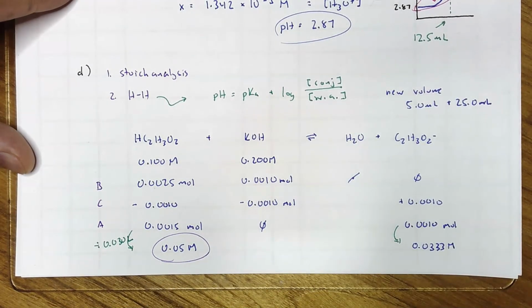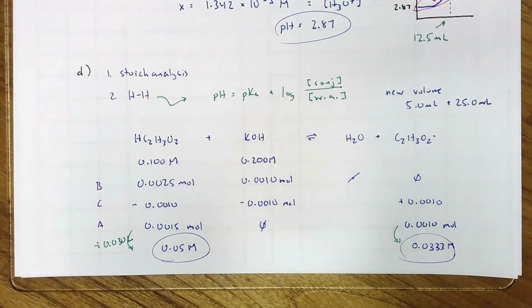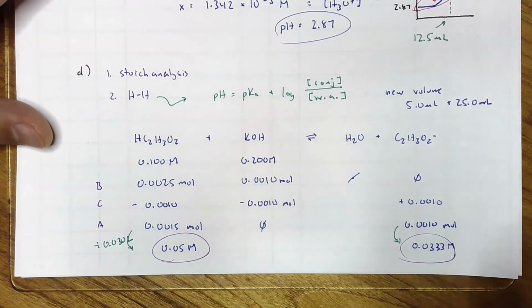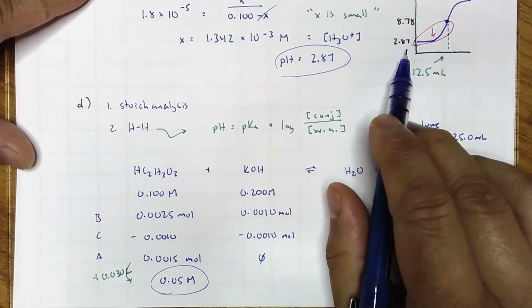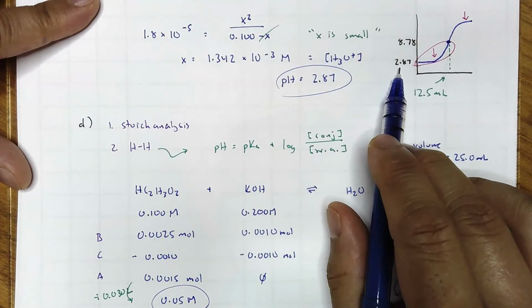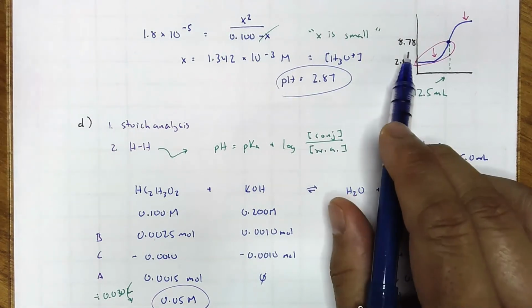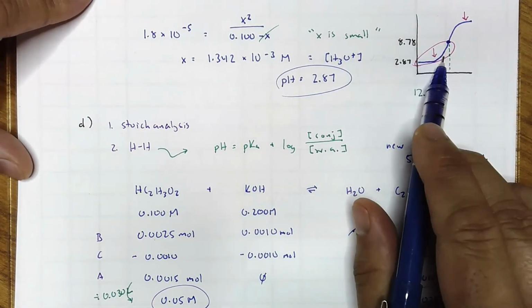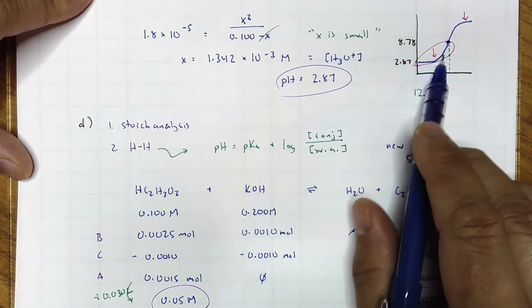And we're going to put that in the Henderson-Hasselbalch. Now, think about what possibly could be the answer. It has to be higher than 2.87 because we added some base, but definitely it needs to be lower than the pH at equivalence because we're along this curve somewhere.